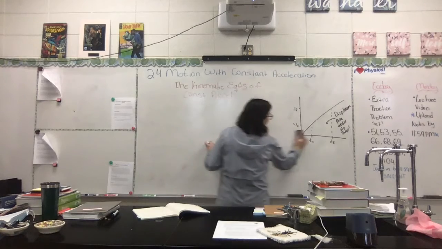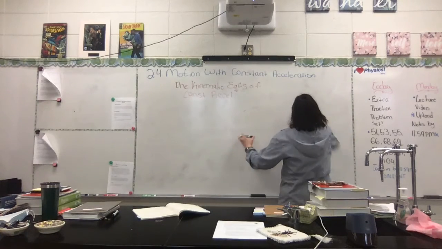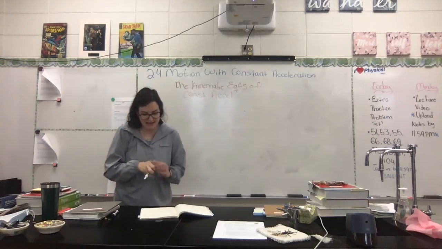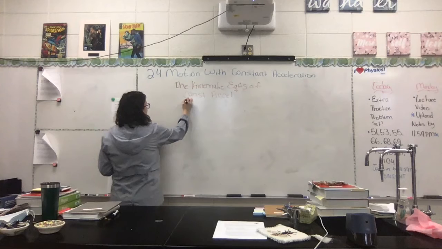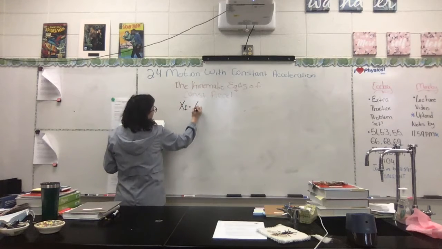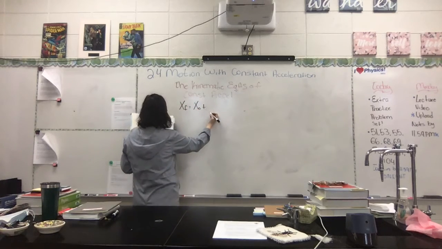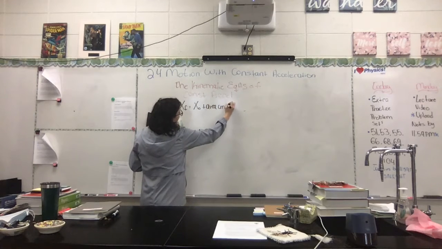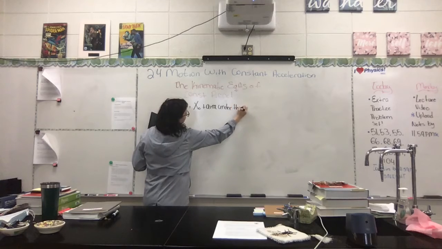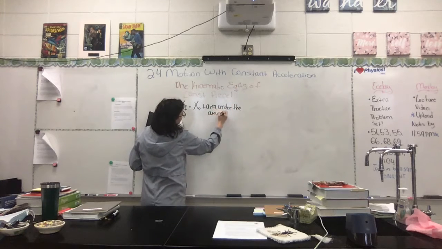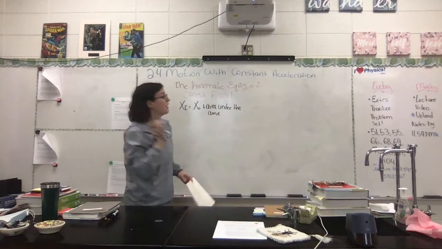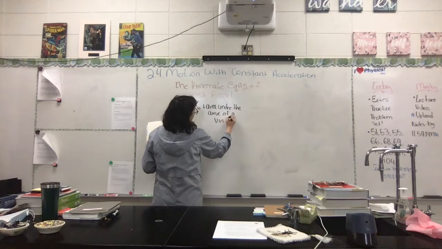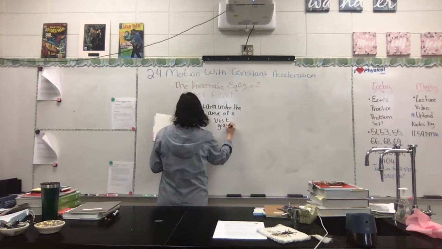So, we previously learned that our final position is going to be equal to our initial position plus the area under the curve of a what graph? Of a velocity versus time graph. Okay?